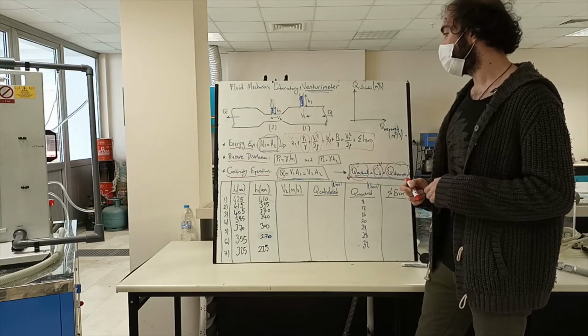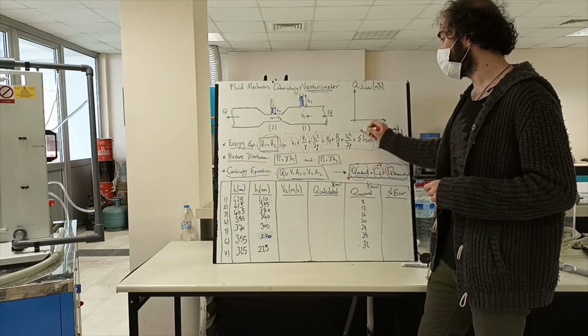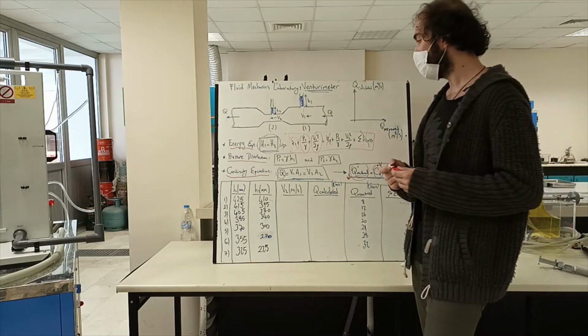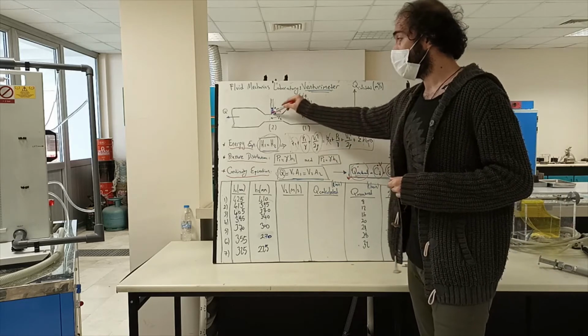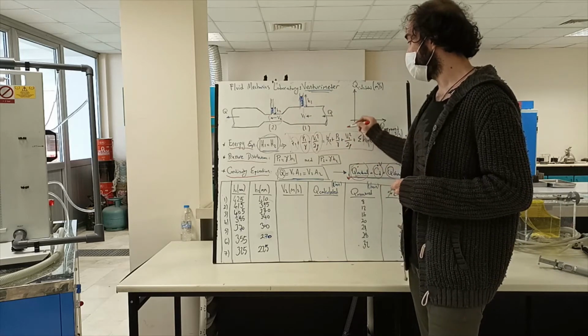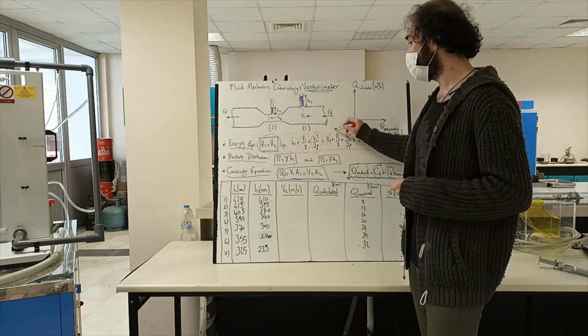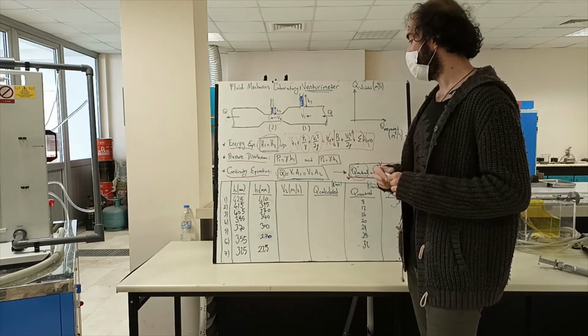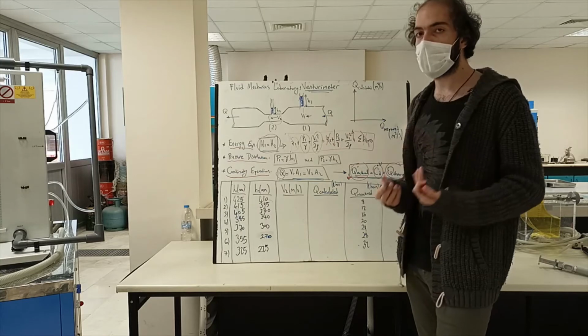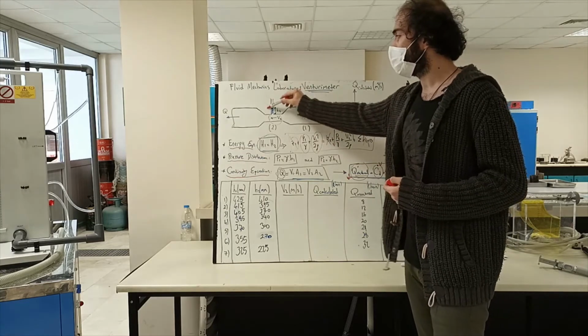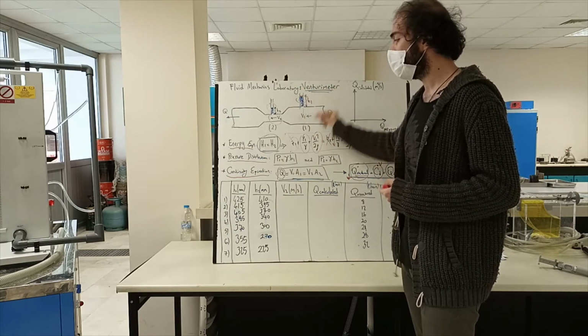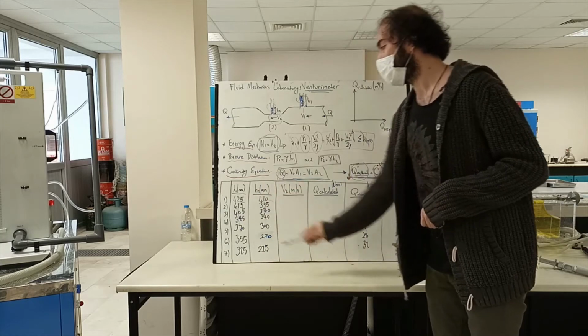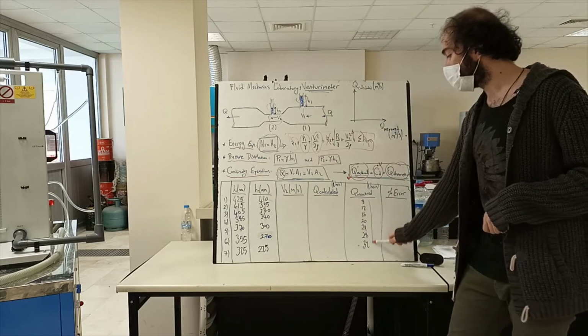Also, as we mentioned, we ignored the energy losses through the system. At this contraction part, since the velocity is increased, the pressure has to be decreased. That was our aim. And in order to see that decrease in the pressure, we used these tubes and read these data for given discharge values.